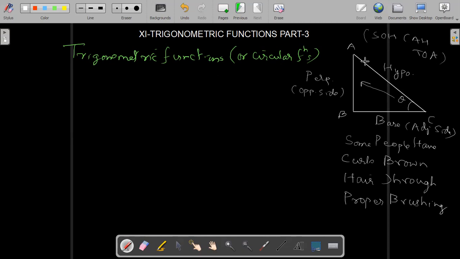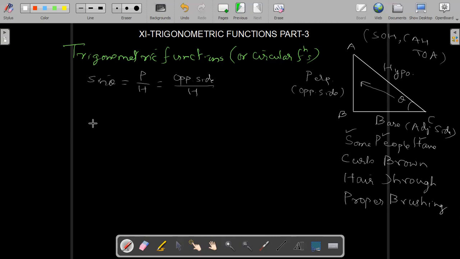Sine theta is opposite upon hypotenuse, perpendicular upon hypotenuse. Either we say perpendicular upon hypotenuse or opposite side upon hypotenuse. But hypotenuse will not change, we call it hypotenuse in both systems.